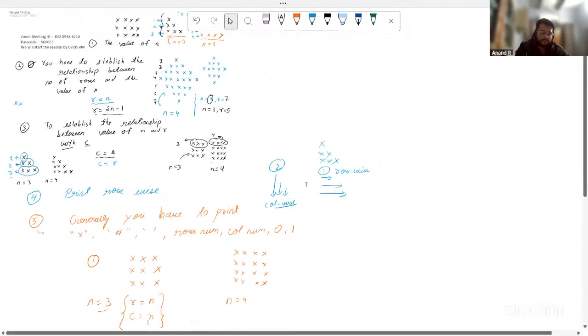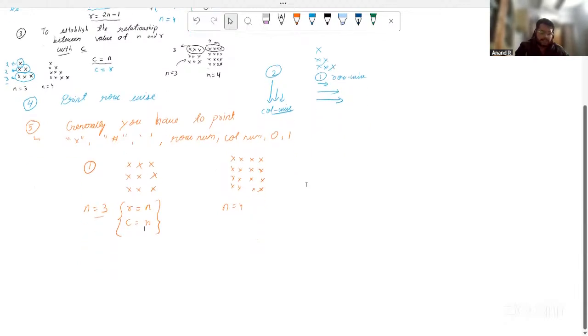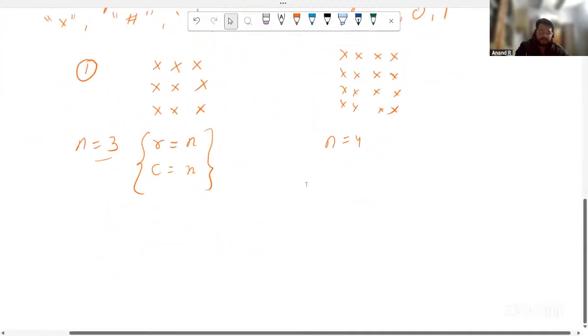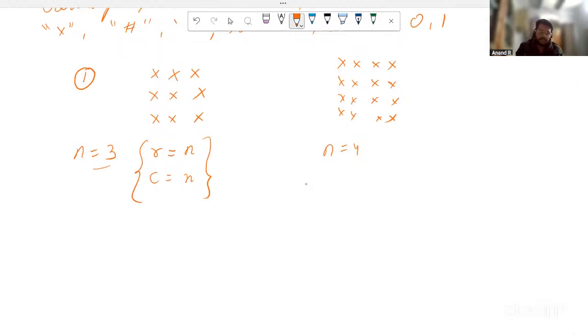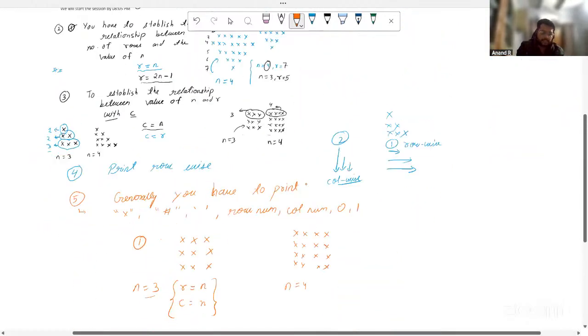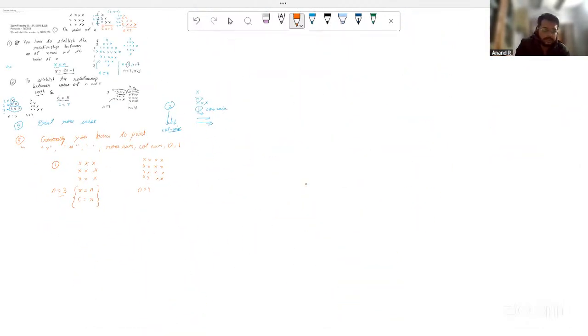And yes, we missed one of the important points. Okay, we discussed that. So generally, let me call it the 6th point and let me write it over here.